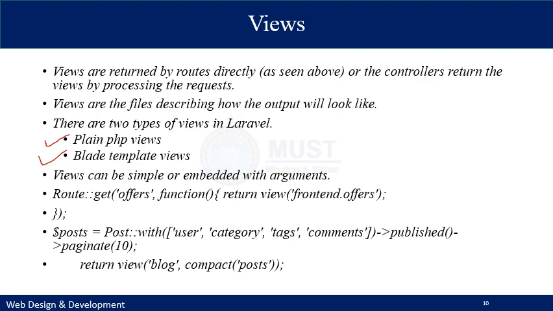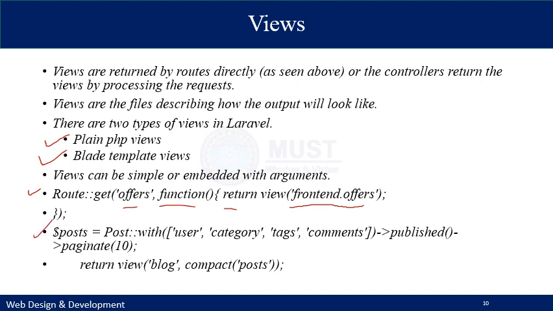So views can be simple or embedded with arguments. For example, if you look at the URL, Route::get offers, and we have a function which returns frontend dot offer. So it is a simple view.